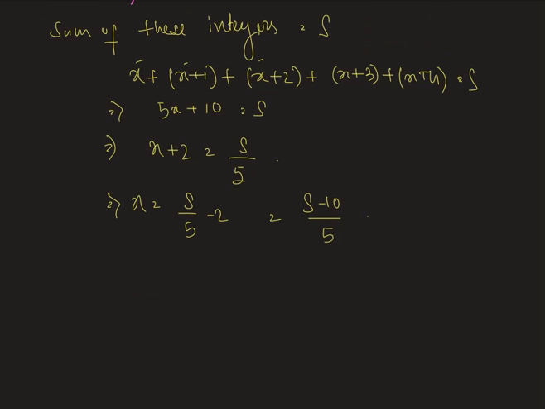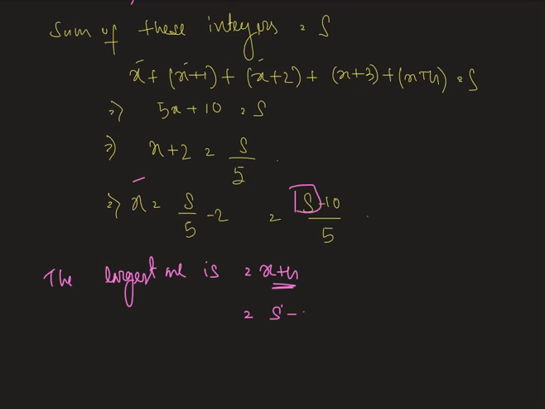From our assumption, we can say that the largest one is x plus 4. We already have the value of x in terms of s. Now we replace the value of x in this x plus 4.